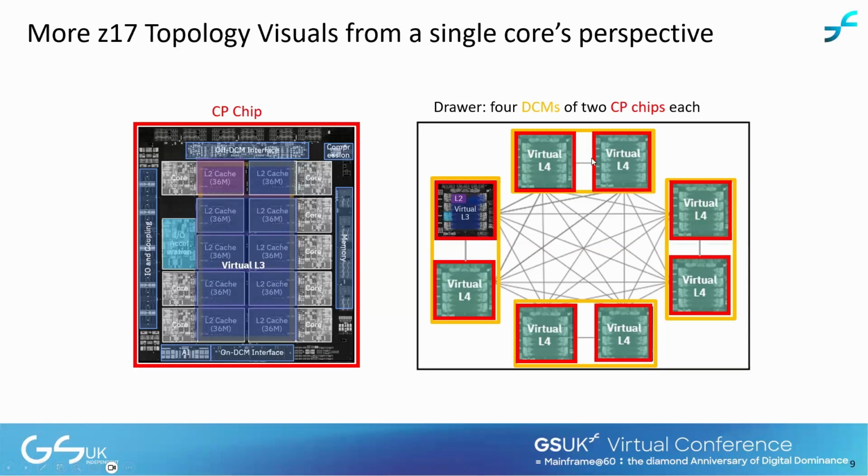And then over here at the right is a zoom in again, where we took our same color coded CP chips example, and then showed how the other 7 chips on the drawer facilitate the virtual level 4 for the drawer level for that reference core and that reference chip. And you see all the gray lines showing again how everything is cross interconnected. Okay.